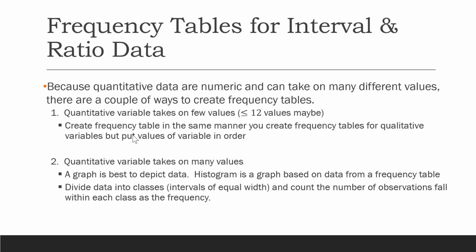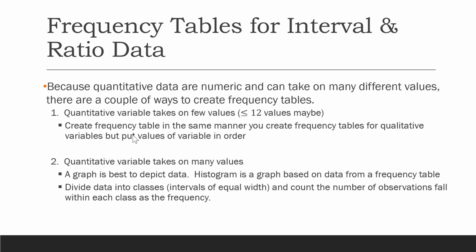I'm probably going to use a graph, and that'll give me a better depiction of what my data look like. Now, one of the most popular graphs to use for quantitative variables, whether they're interval or ratio, will be something like a histogram. We're going to talk about histograms in the next video, but that's one of those graphs that we'll use.